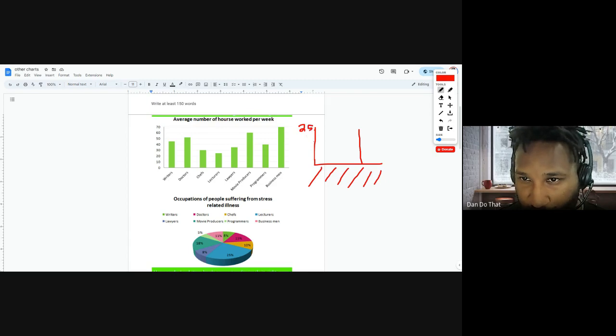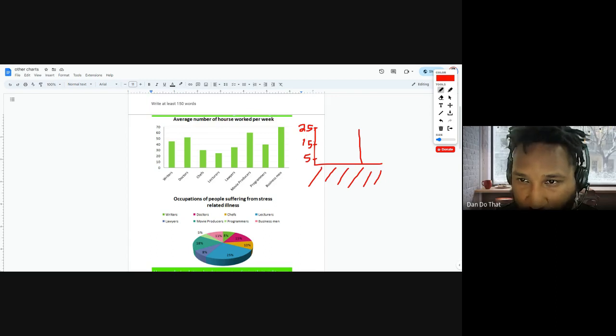Call it 5, call it 15, call it 25. There we go. All right, so we got 25 for our lecturers, then we got 10 for chefs, which is number 3.